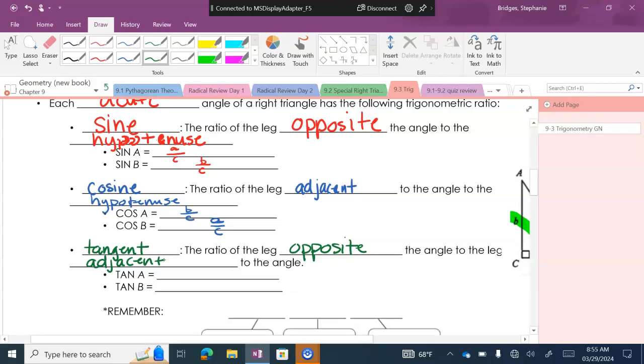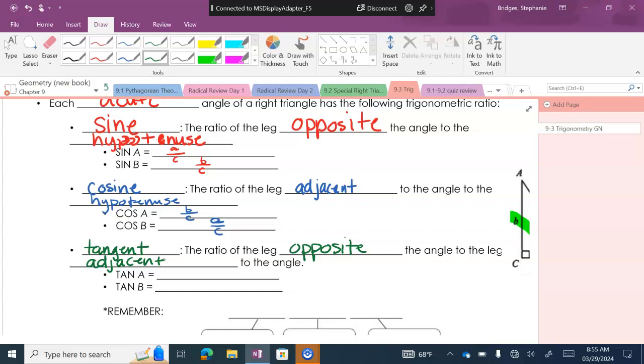So if we do the tangent of A, let's look again at angle A. What is the side directly across or opposite from angle A? Lowercase a. And then what is the leg that is adjacent to angle A? B or C? It's a leg. B, okay, so C is the hypotenuse.